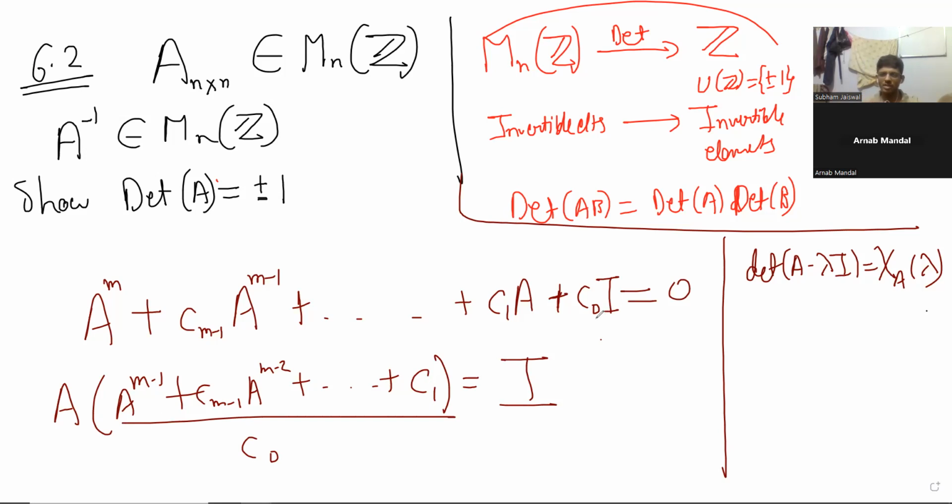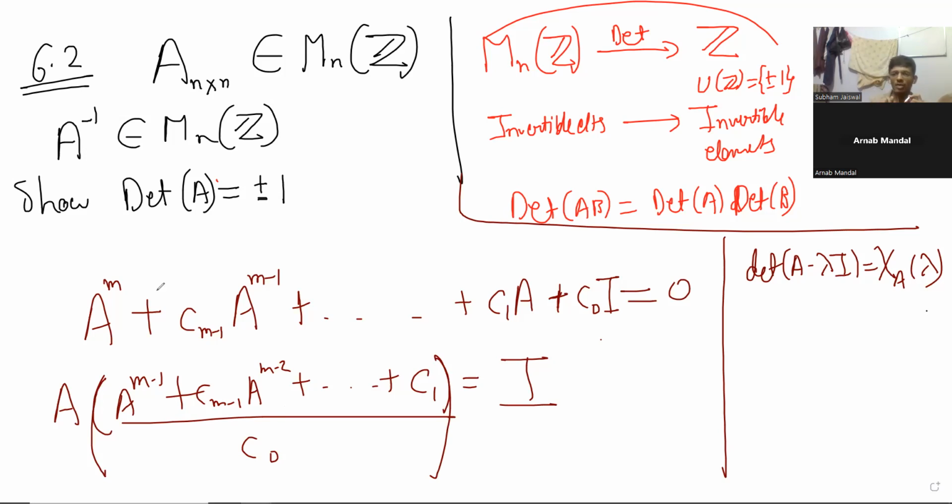Cayley-Hamilton is a very important theorem. But from here, can you prove that c naught is plus minus 1? That is not clear. If it is plus minus 1, then it is good, then the inverse has integer coefficients. That is clear.